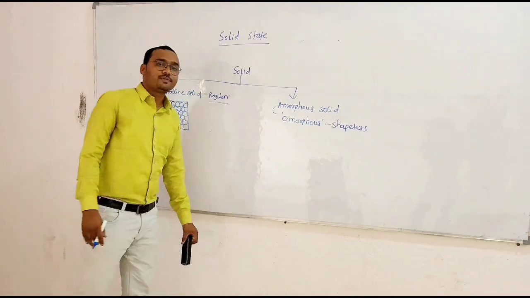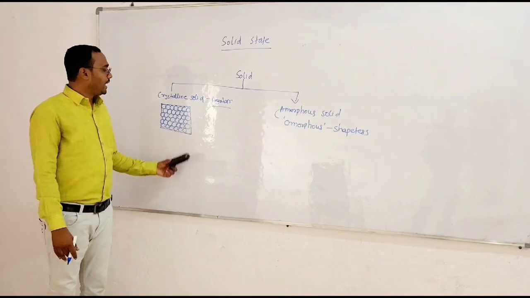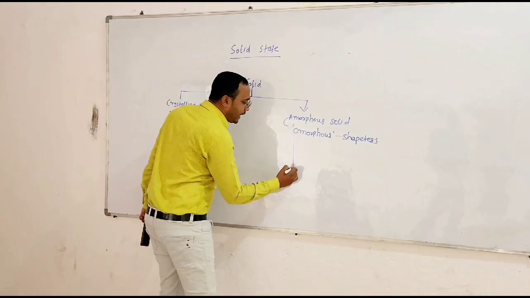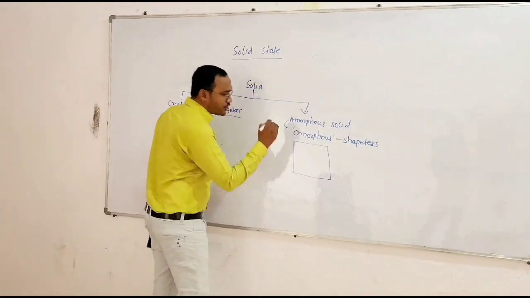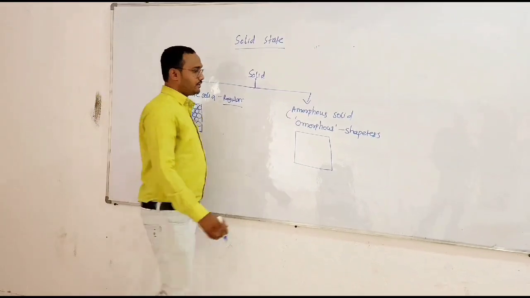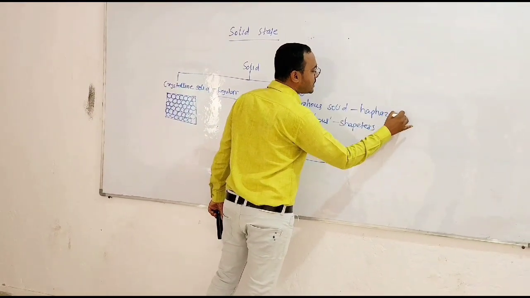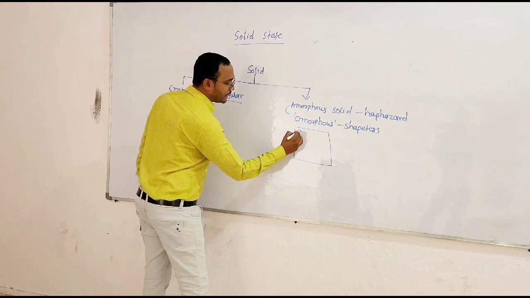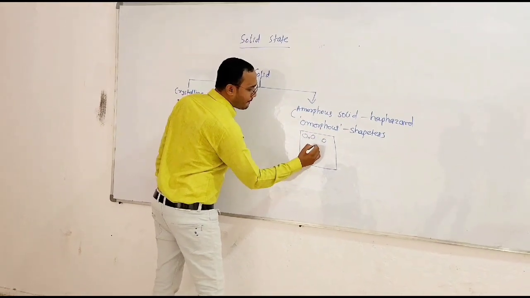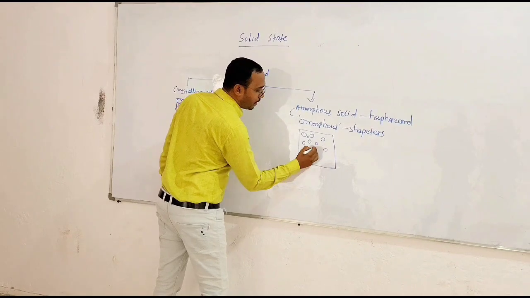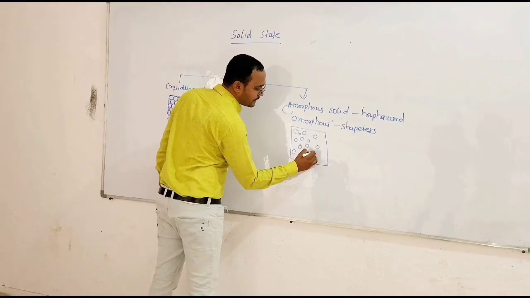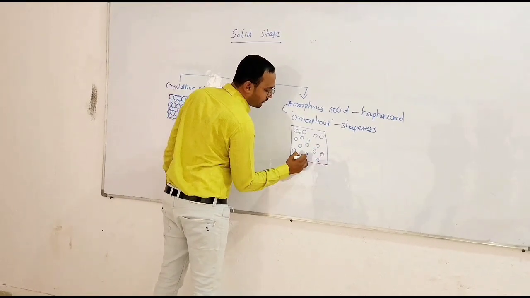That means whenever we observe the structure of a solid, we observe that the arrangement of constituent particle is haphazard. That means not regular, like that. We cannot observe any regular pattern present in the amorphous solid.